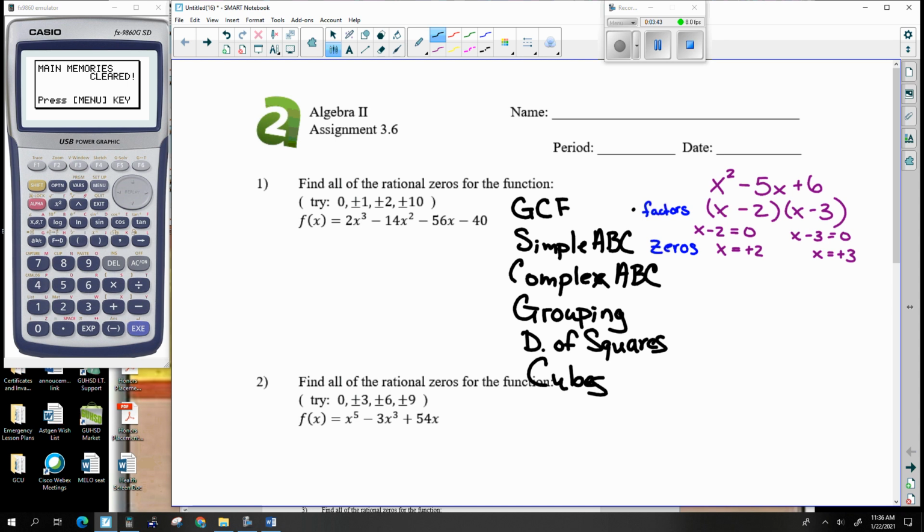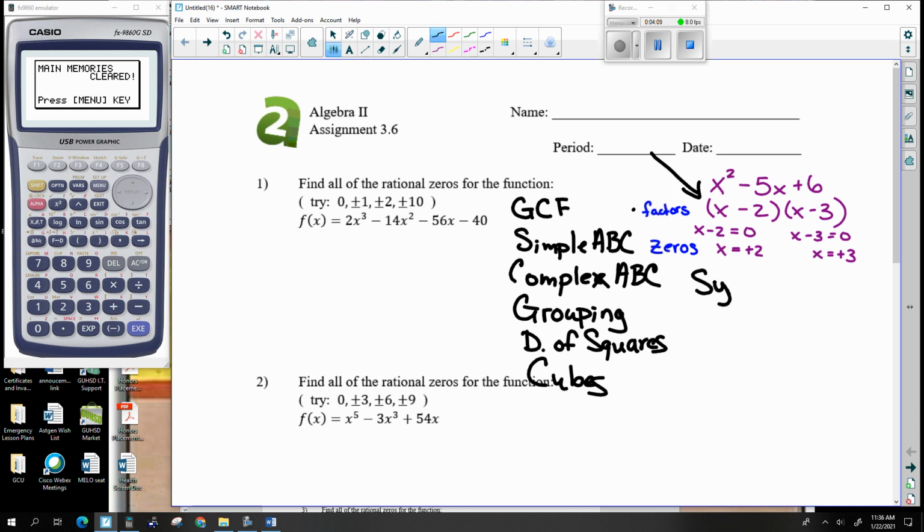That's the first thing you should look for. Is there a GCF, simple ABC, grouping, things like that? If you can factor it that way, cool. But if all of these things fail, or don't break it down to something very simple like x minus 2, you may need to use synthetic division.